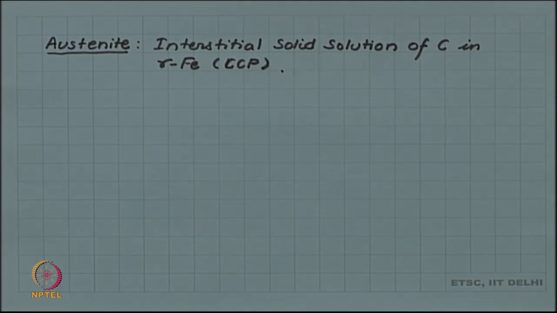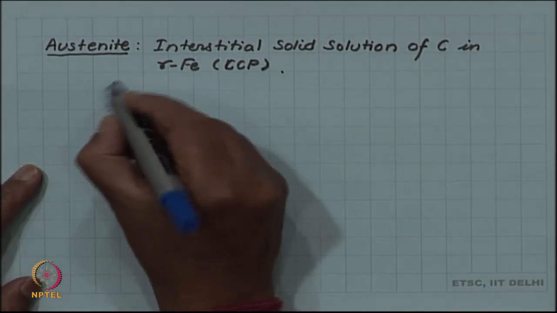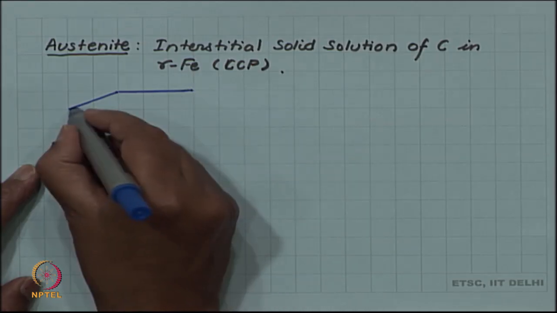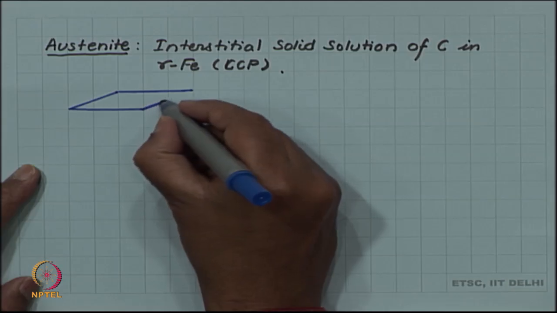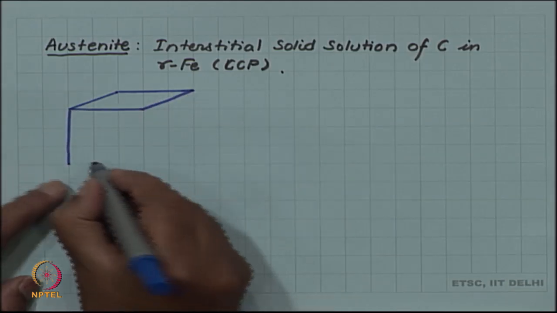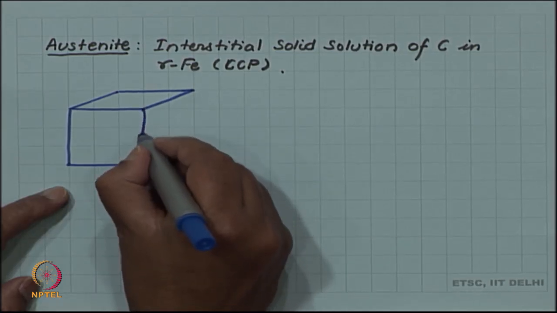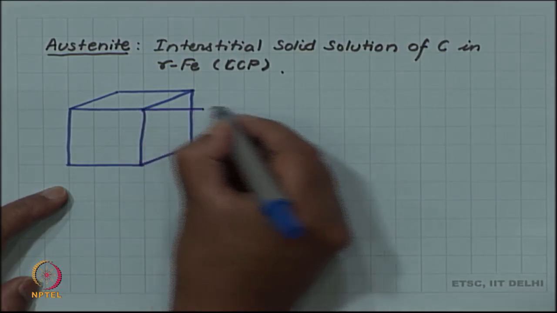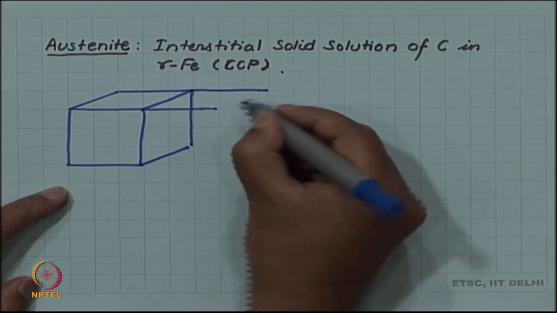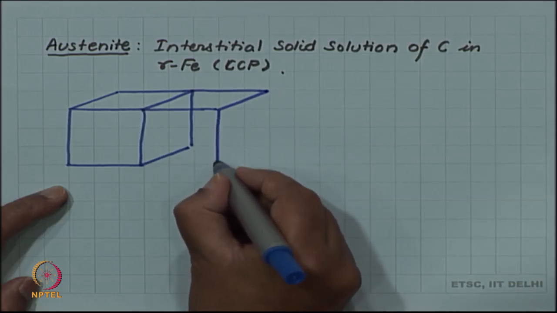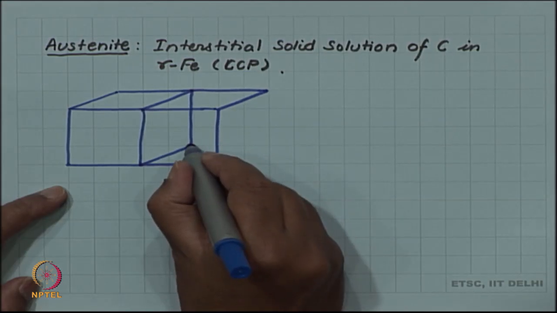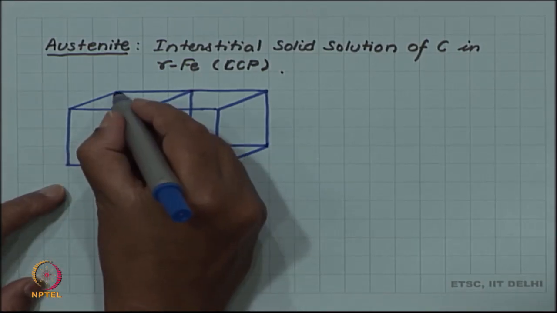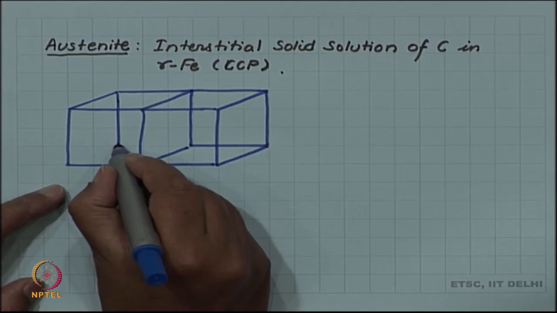So, let me try to draw 2 unit cells. So, 2 unit cells side by side I have drawn.